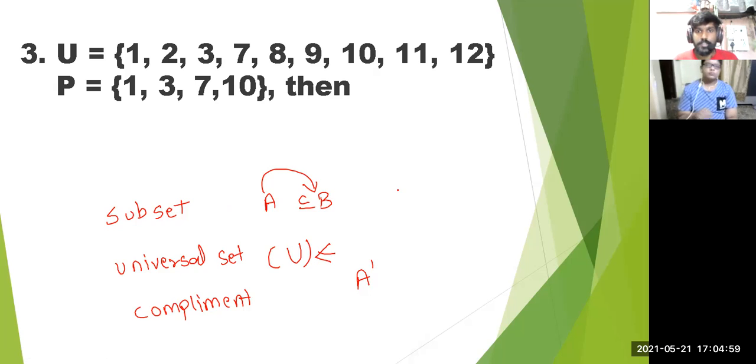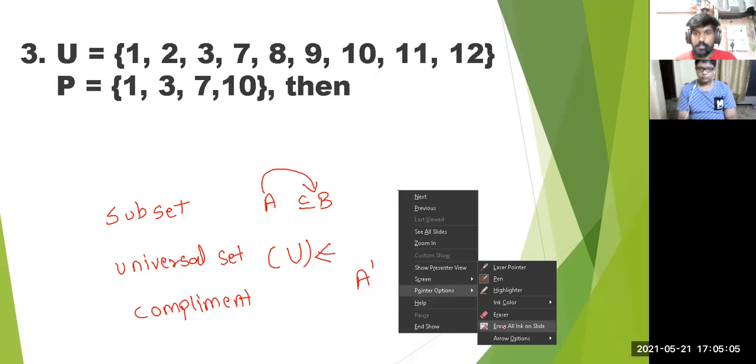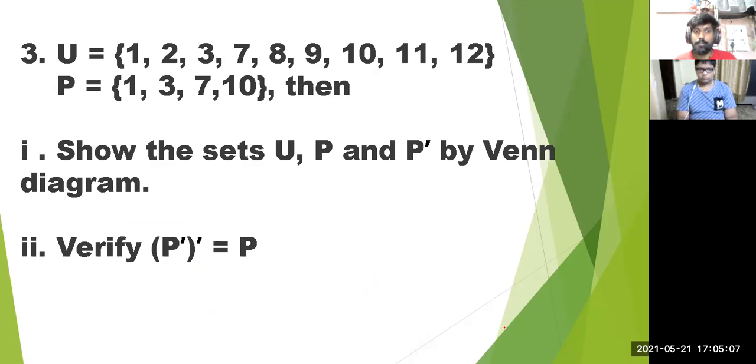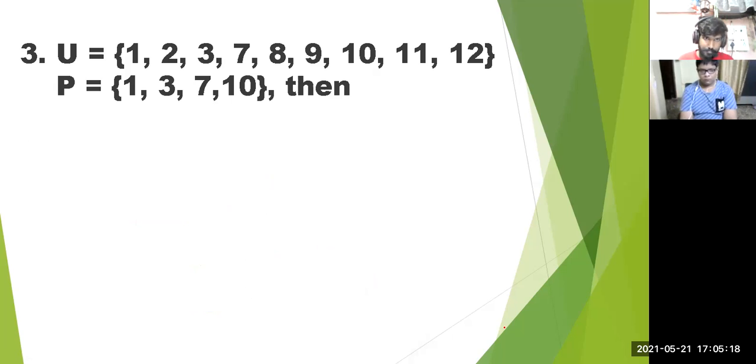Now we'll continue with the second part of this sum, which says to verify that the complement of the complement of P is P itself. Okay, let's do that. First, P complement.